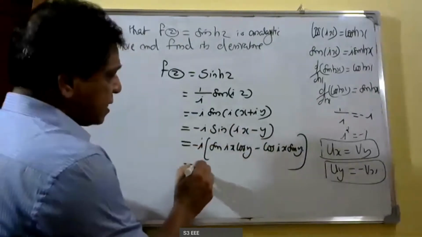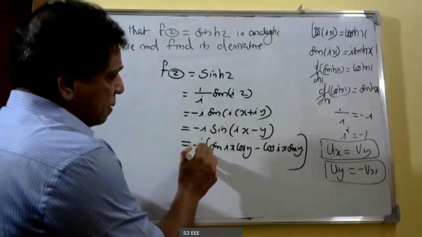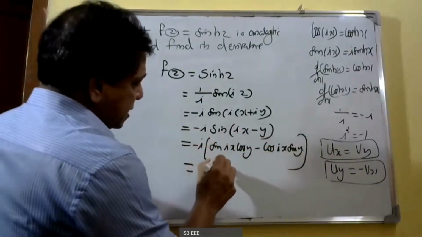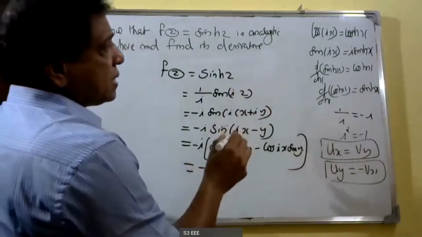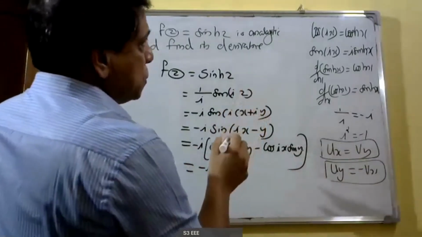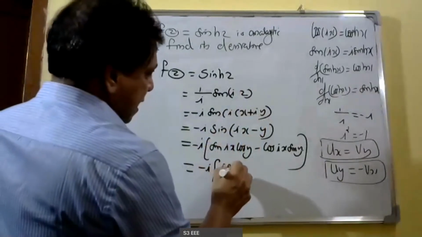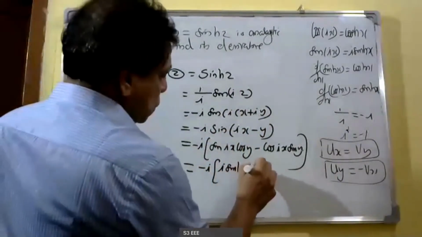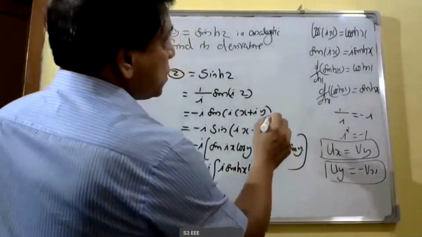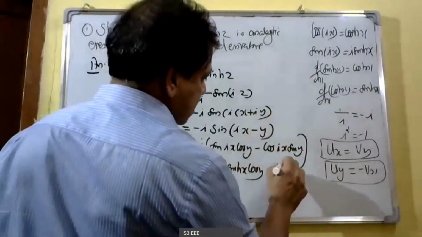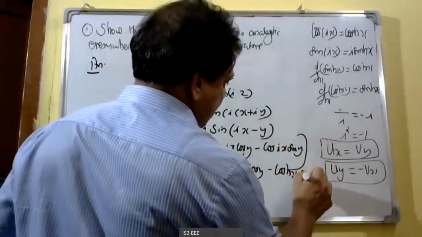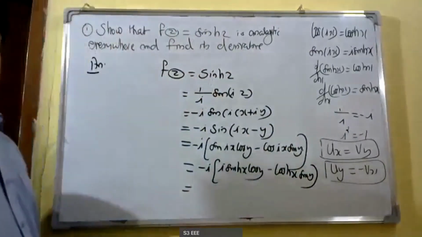Then removing the bracket, minus i into sin ix can be taken as i sinh x into cos y, minus cos ix is equal to cosh x, sin y.